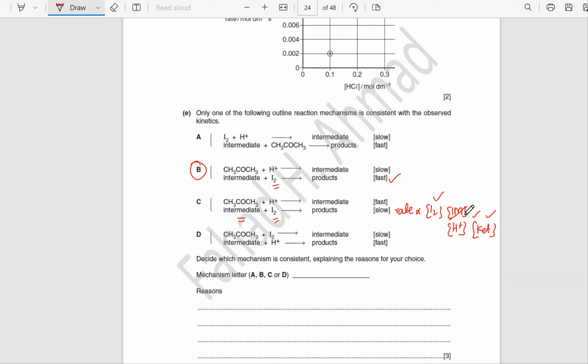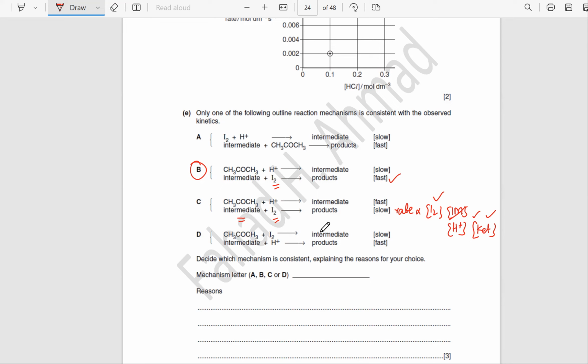But I told you when we studied mechanism that the intermediate itself is formed by these two things, so the rate indirectly depends on these two things. So is this one clear? Yes, sir.